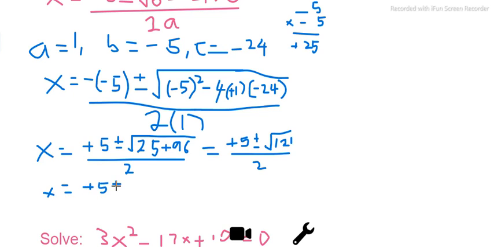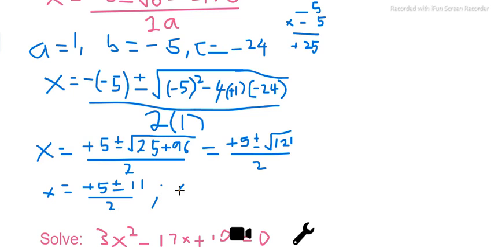So x will be equal to plus 5 plus or minus the square root of 121, which is 11. If you press that on the calculator, we have 11 over 2. So you now have to simplify this. You write this in two ways.